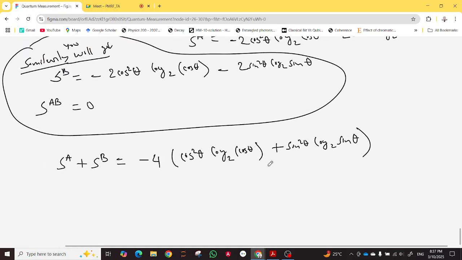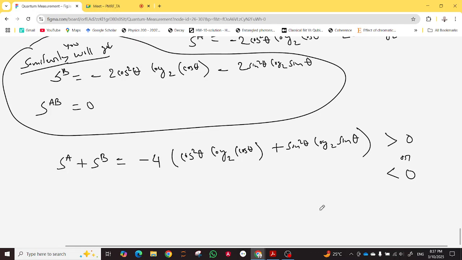So this SA plus SB, will it be greater than 0 or less than 0? For this you have to check. Is cos theta always less than 1?